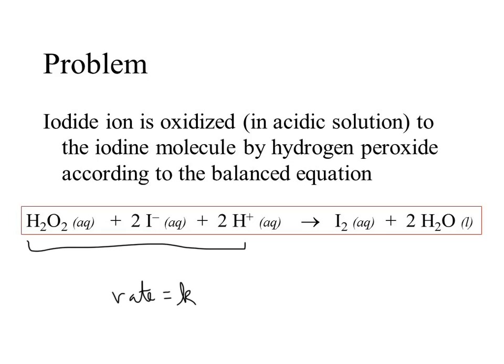We'll find a real value of that, times the molar concentration of each of the reactants raised to the reaction order. So I'll just start with [H2O2] raised to the M times the molar concentration of [I−] raised to the N times the molar concentration of [H+] raised to the O. That's probably how I would start this.